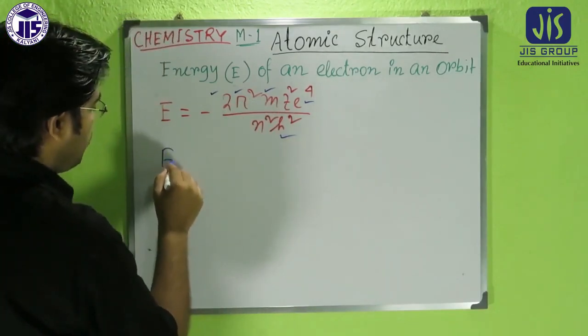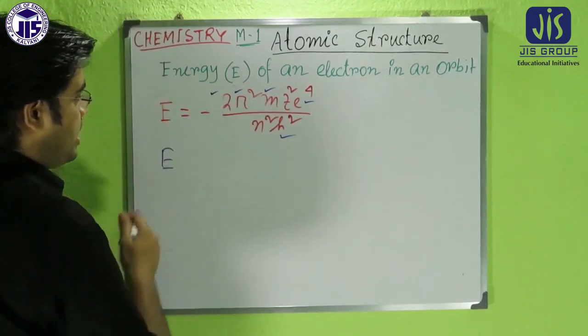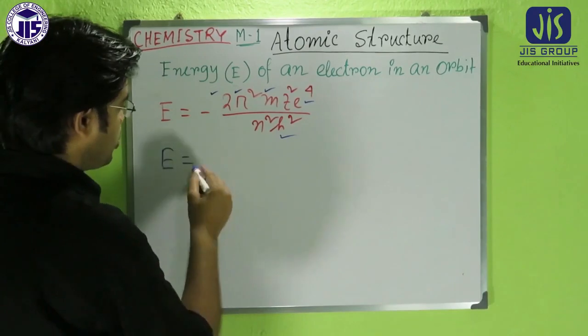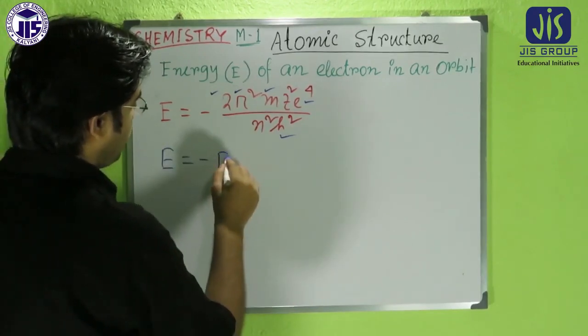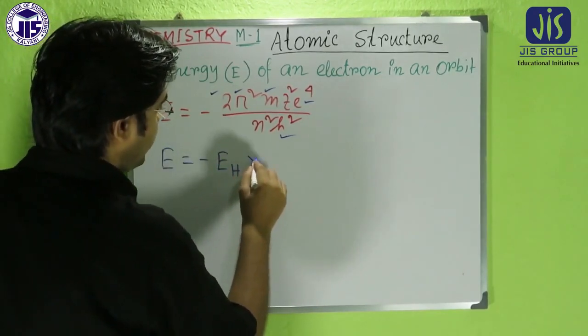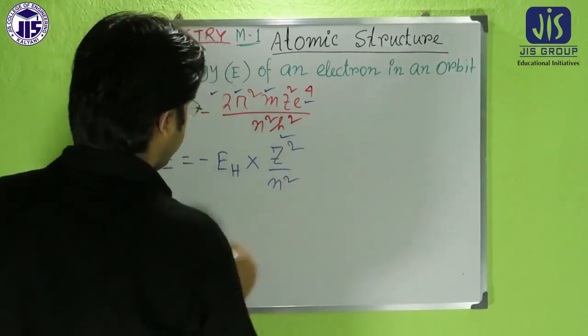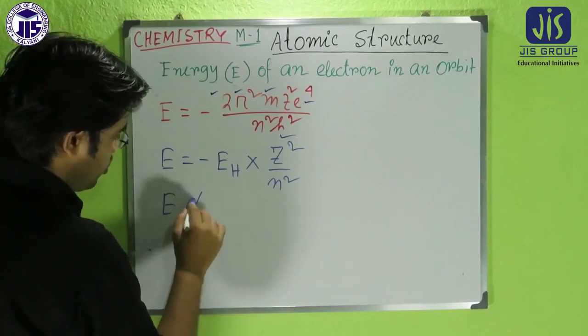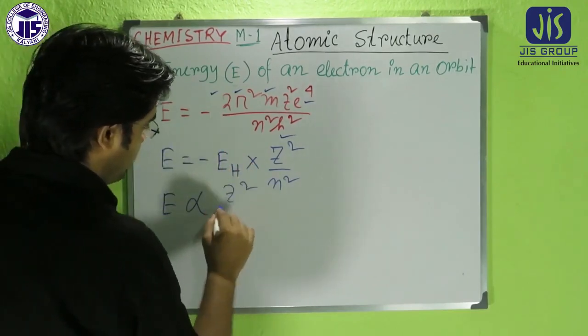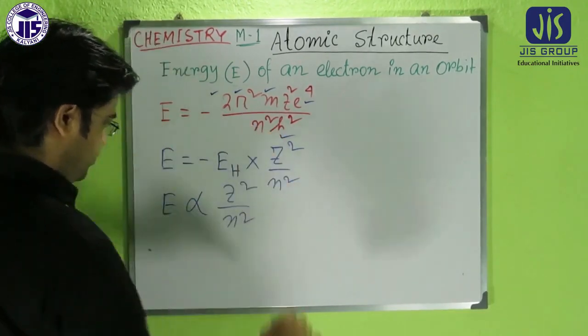So we can write E proportional to, or E equals minus E of hydrogen into z square by n square, or we can write E proportional to z square divided by n square.